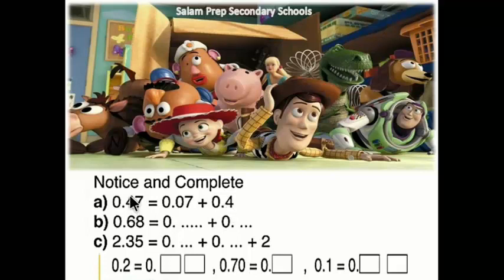Take care. 4 in tenths, 7 in hundredths. So 47 hundredths equal 7 hundredths plus 4 tenths. We can do as our example.